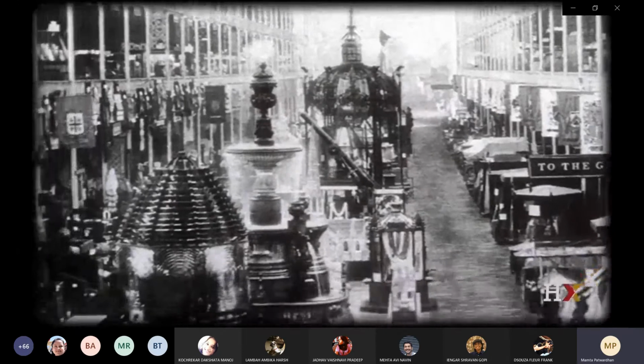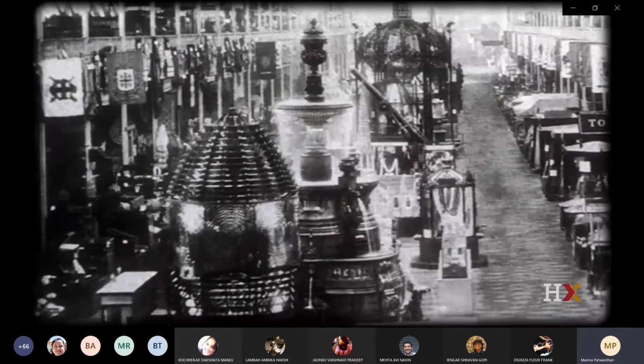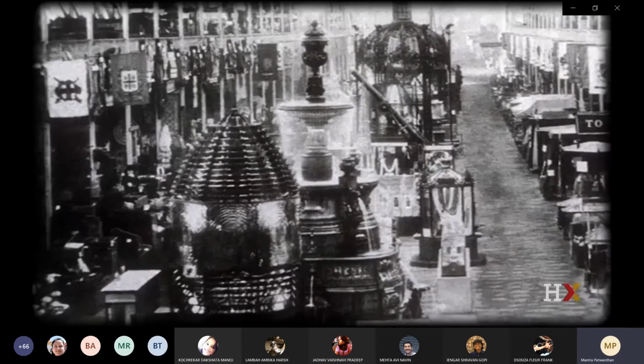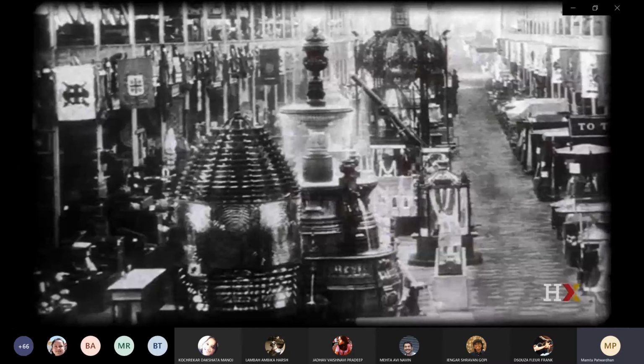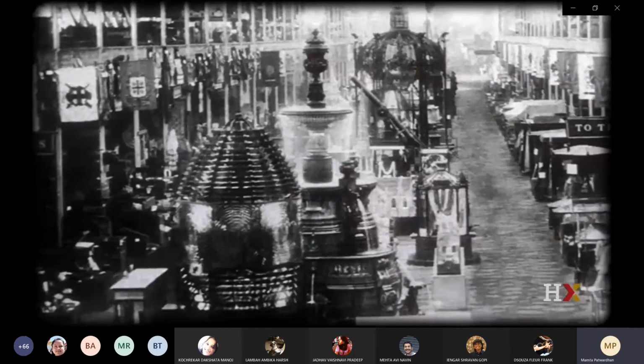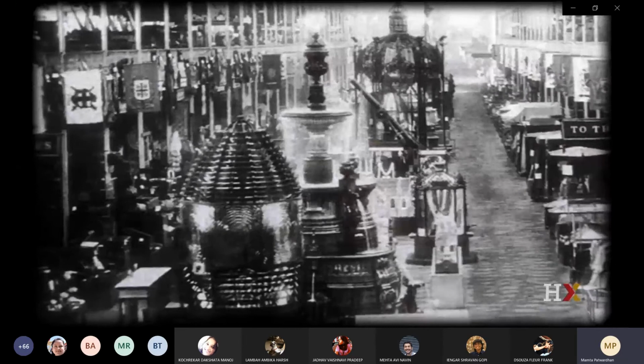In the front, you have a lighthouse lantern, which was again something pretty high-tech at the time. And you can see sculptures, a whole mix of objects, pretty typical of what may have looked at the time like a bazaar at the scale of the planet.